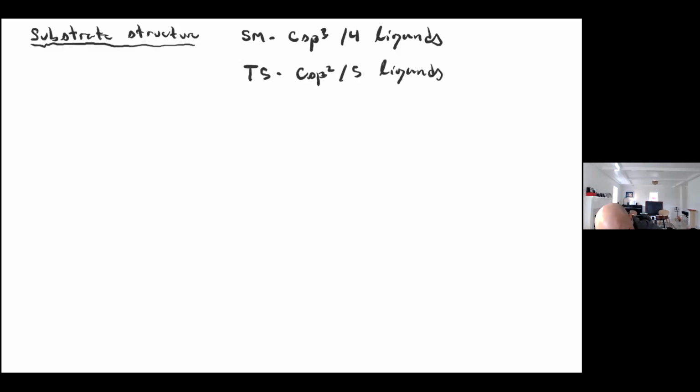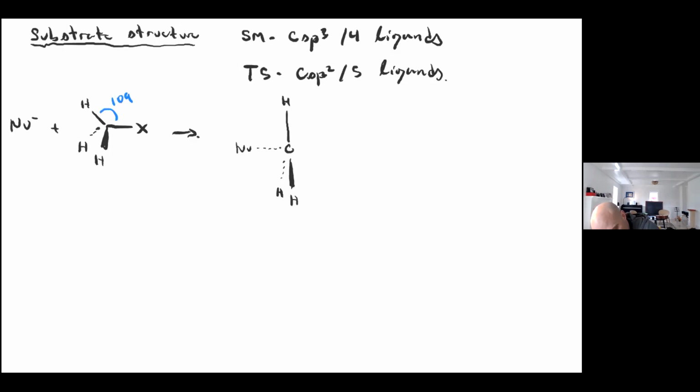Okay, and so as I go from that initial structure, I've got bond angles of approximately 109 degrees. I go up to my transition state, and the bond angles between the hydrogens and the leaving group now decrease to 90 degrees, okay?